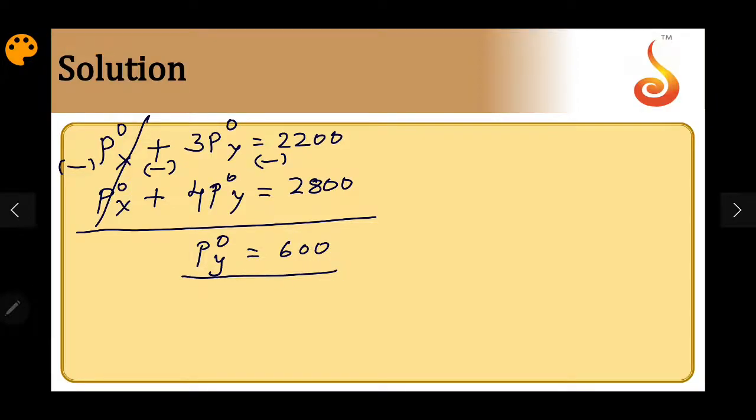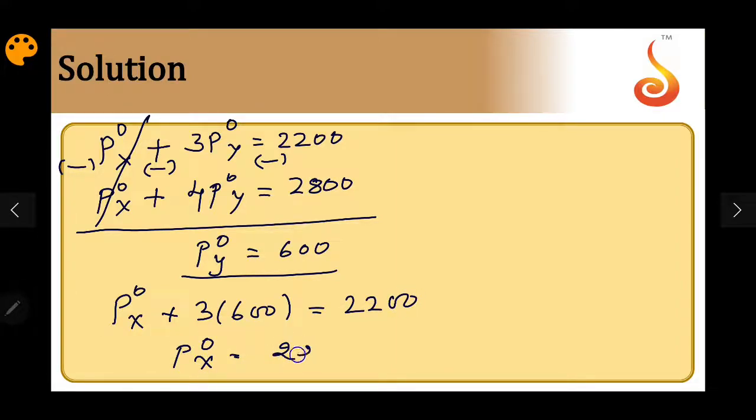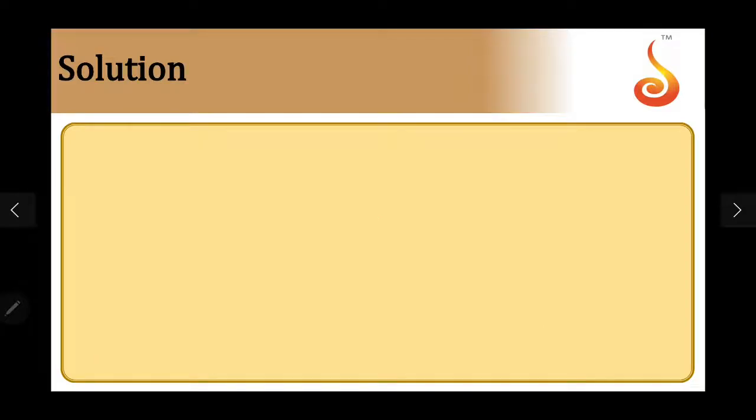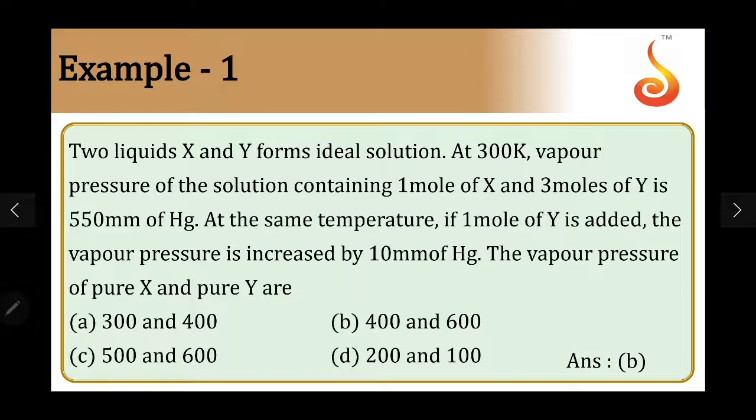If I substitute that in any one of the equations, P naught X plus 3 into 600 is equal to 2200. So P naught X is equal to 2200 minus 1800, which is 400. So P naught X is 400, P naught Y is 600. We'll go to the solution, the options. So option should be B.